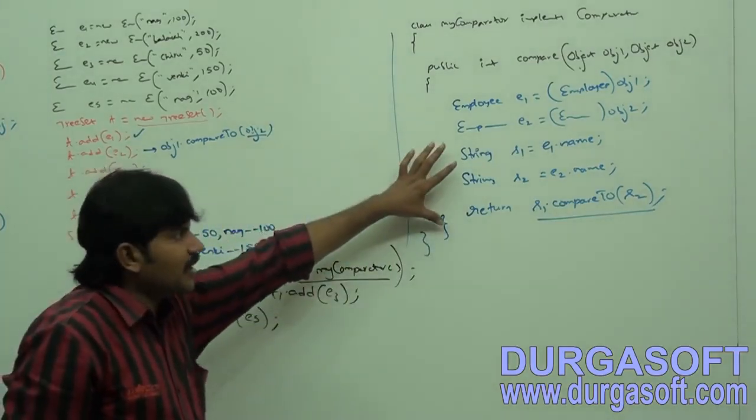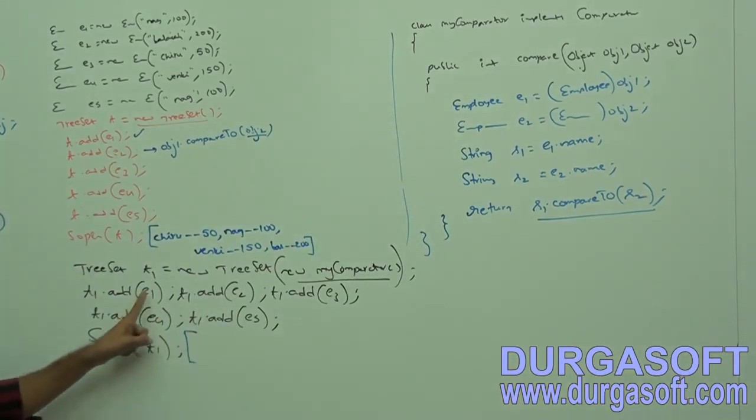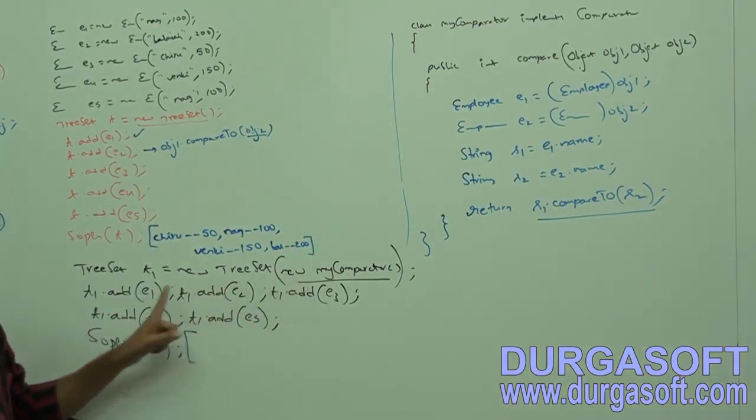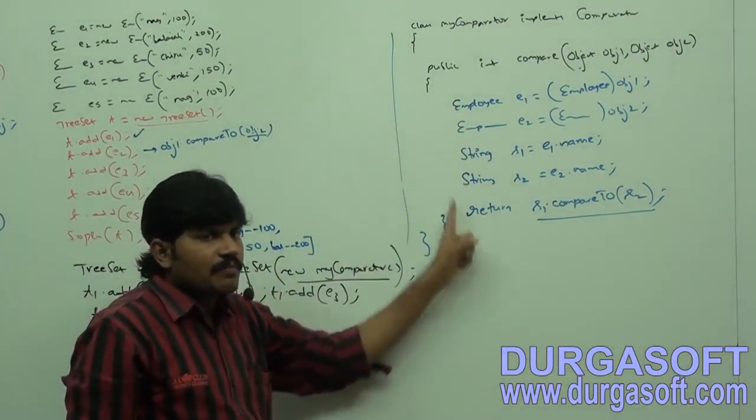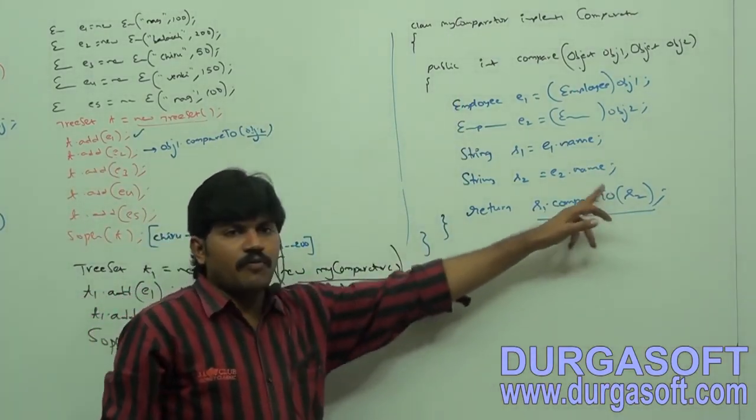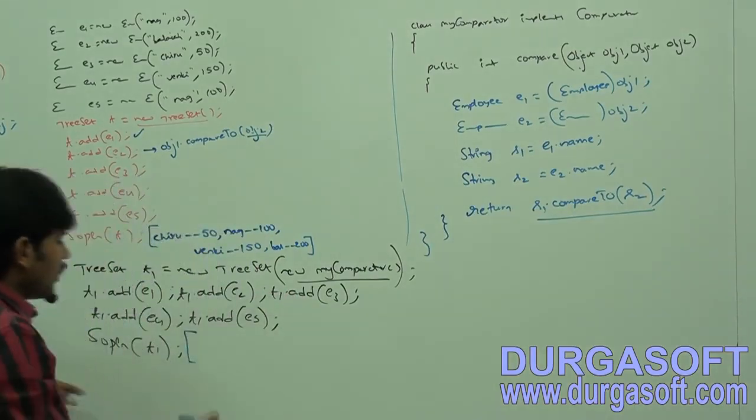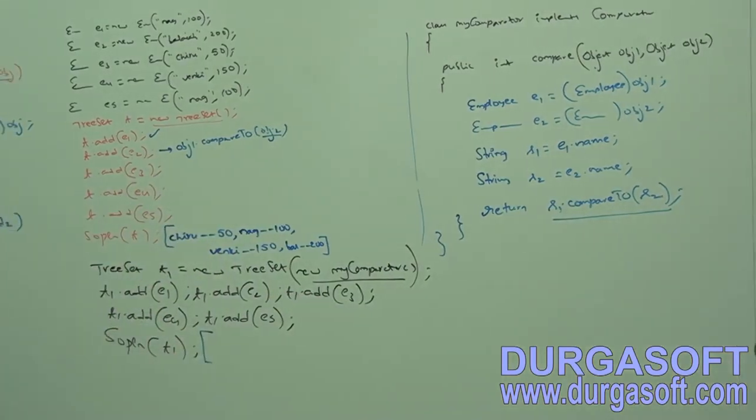If I write it like this, while adding these employee objects to the TreeSet, internally our compare method will be called. Our compare method is defined based on alphabetical order of their names. Can you tell what output we are going to get?